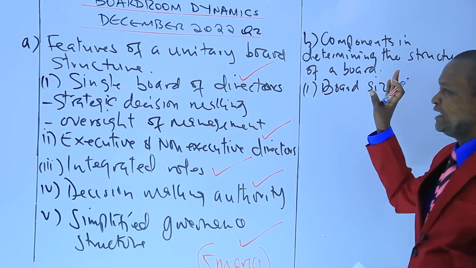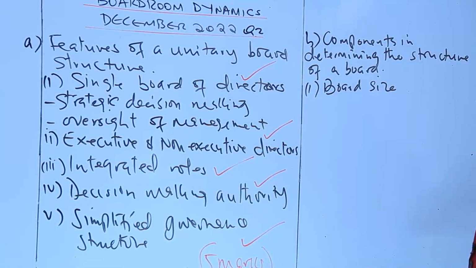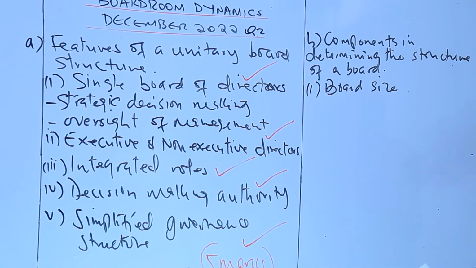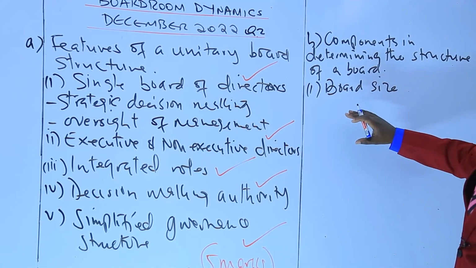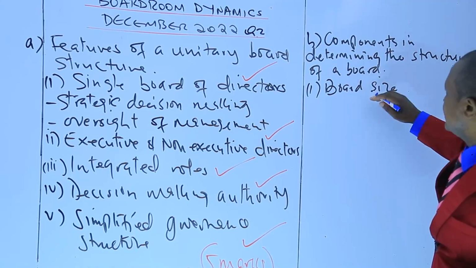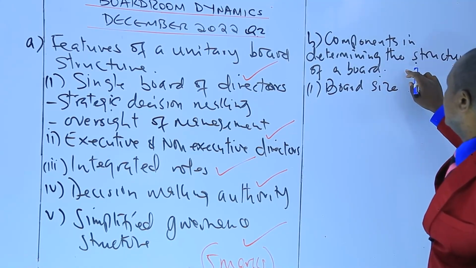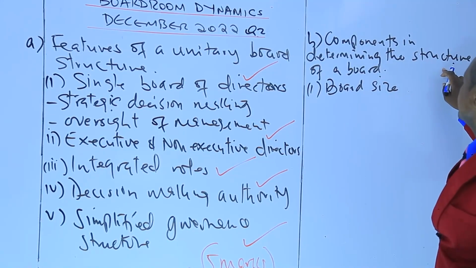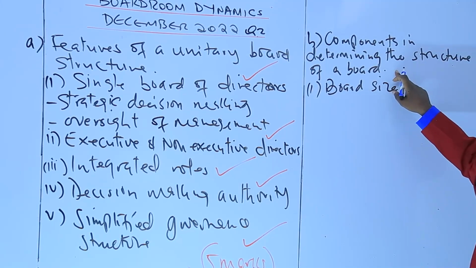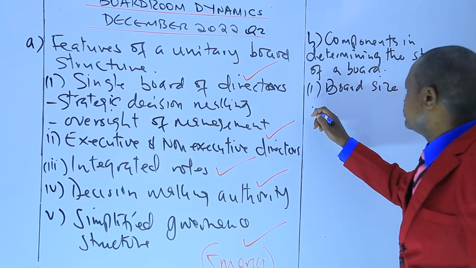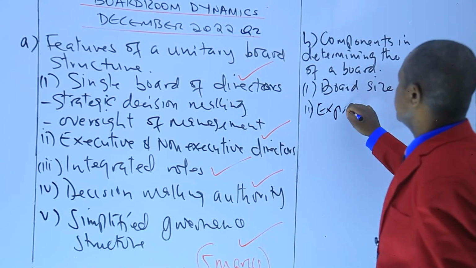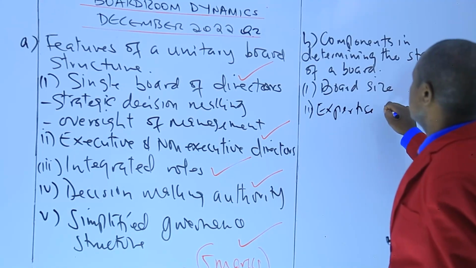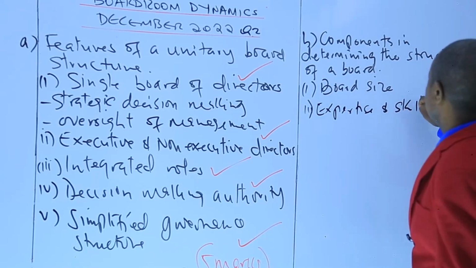Because if you have a large board size, that can influence decision-making negatively. So it's important to consider the board size. The board size is a component in determining the structure of a board. Number 2, expertise and skills.